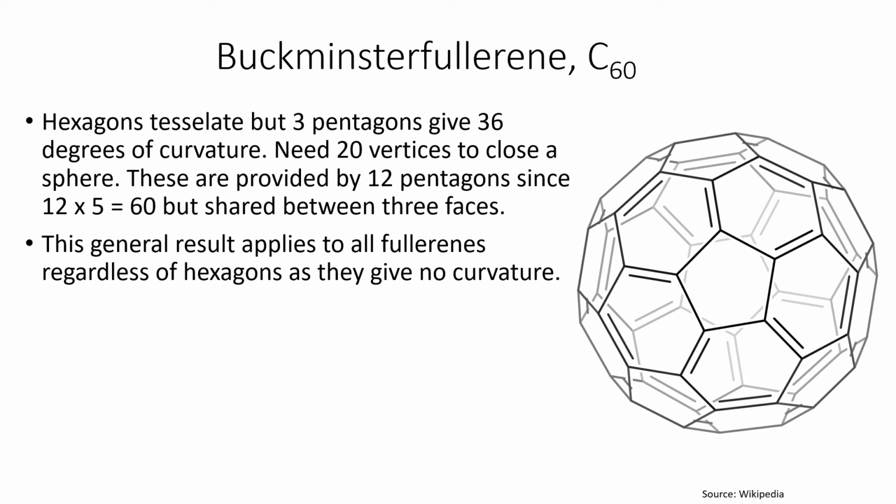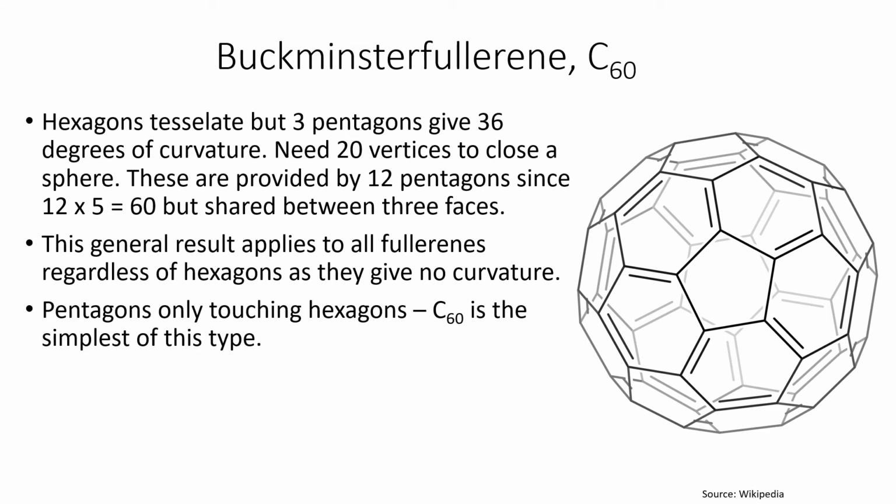So in any kind of fullerene, as long as it's a closed cage, you'd be expected to find 12 pentagons. Now of course hexagons don't introduce any curvature, so you could have any number of hexagons. It doesn't really matter how many hexagons you've got. The crucial thing is you've got 12 pentagons, and this is a common feature of these related molecules.